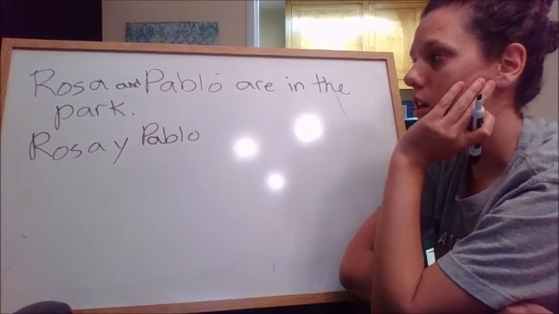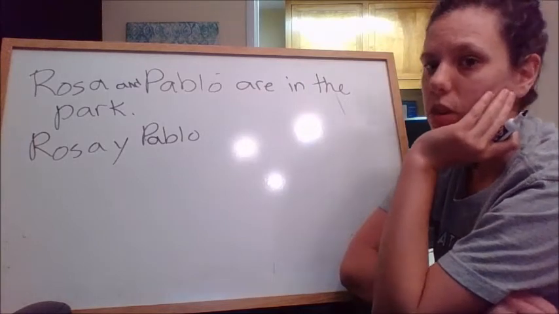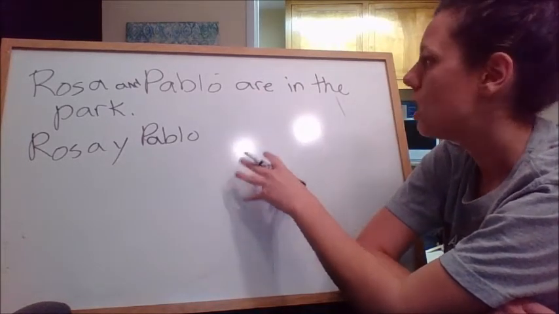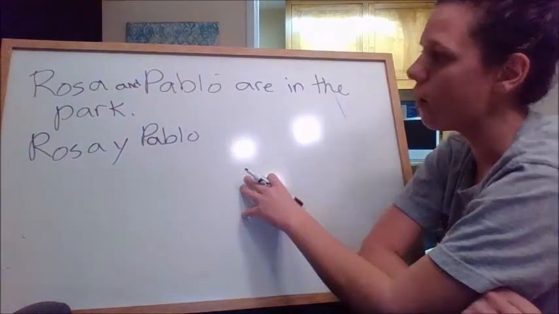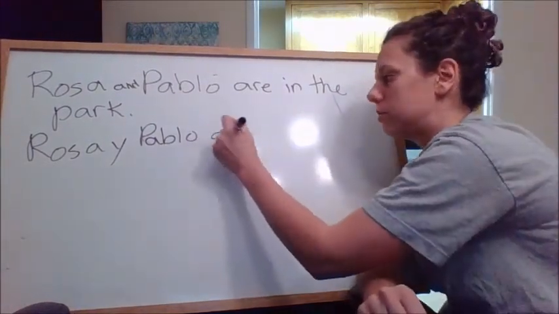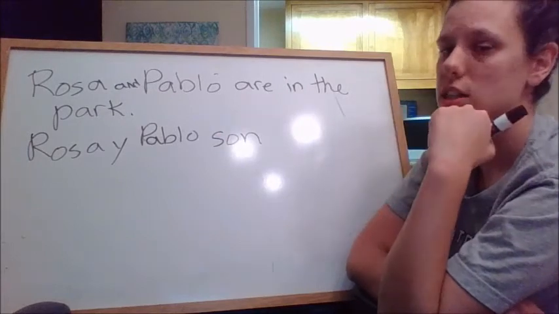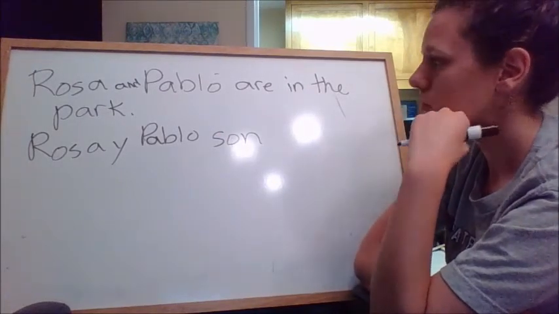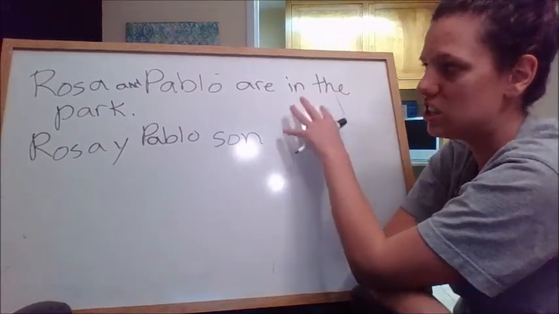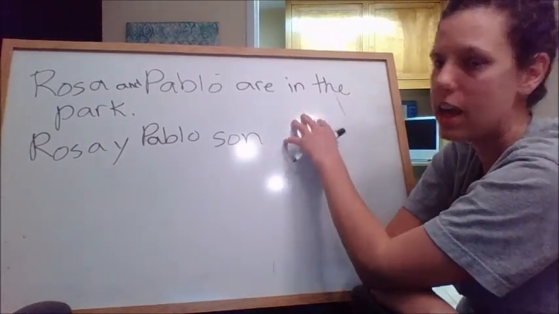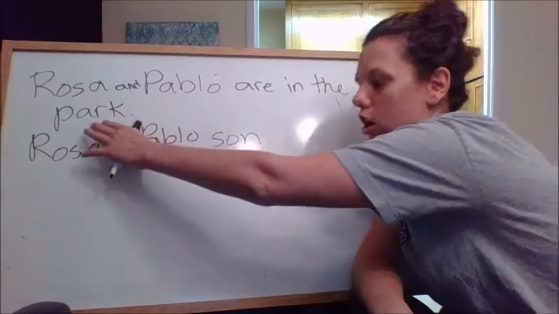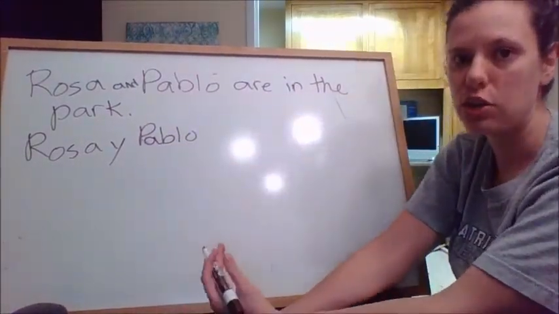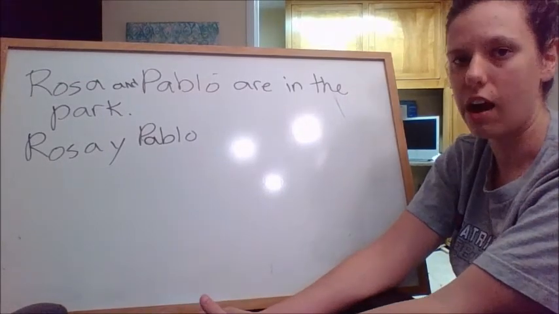You've got to be aware of what the sentence means, okay? Because some of you are just going to go, oh, are has got to be son, right? Because a lot of you on the last test said es instead of está for location. So this sentence is talking about a location because they are in the park. That's a place. So which verb do we use for location? We use estar.